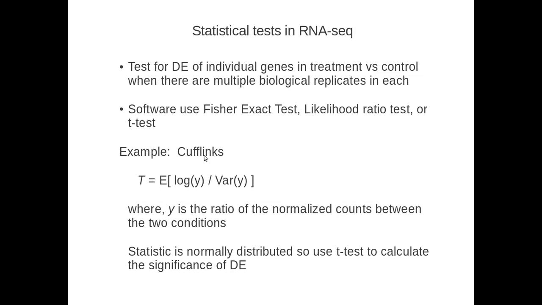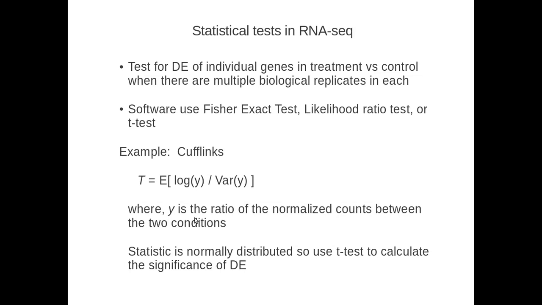Cufflinks, I just thought I'd give you the example since it's the one we use in the class, uses a t-test. Now, a t-test assumes a normal distribution. What's normally distributed in this context is this ratio. So E here means estimate, and the Y here is the ratio of normalized counts between the two conditions.